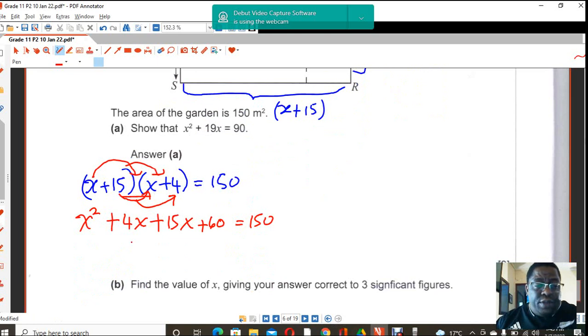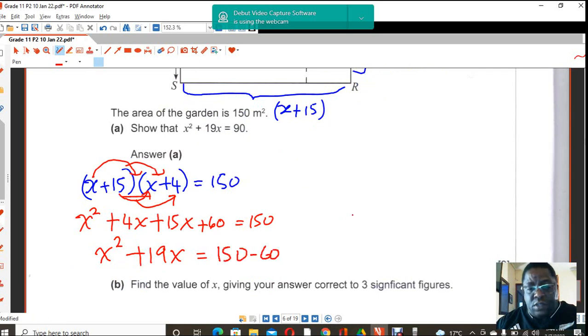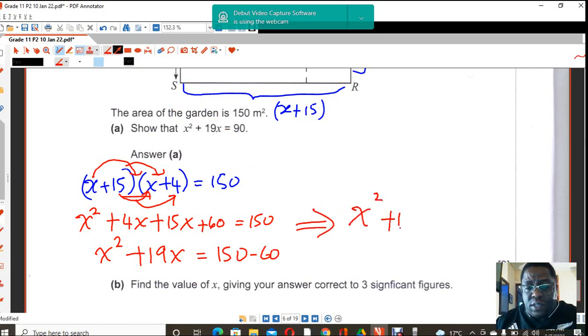So when you clean this up, it's going to be x squared plus 19x equals 150 minus 60. That in turn will give us x squared plus 19x equals 90. And this is what we are required to prove.